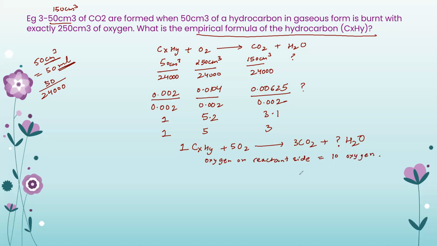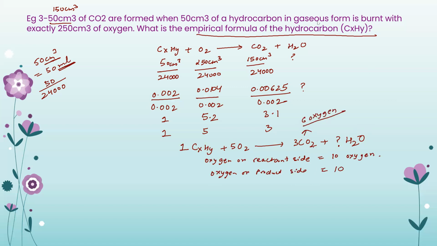Since this equation needs to be balanced, how many oxygens should be on the product side? 10 oxygens. But there are how many? 3 twos are 6. 6 oxygens are here. We are left with 4 more oxygens.